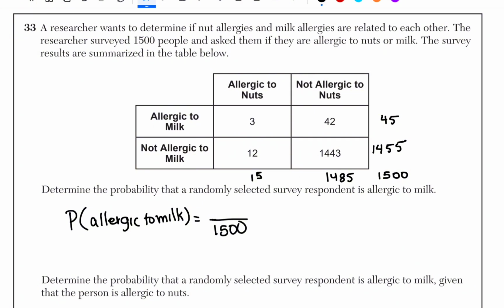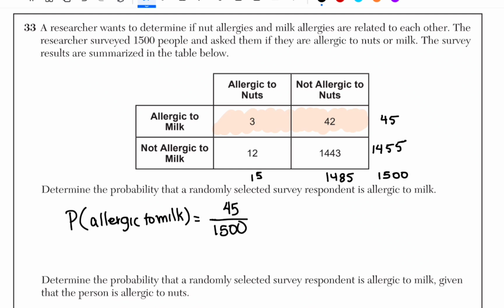So we look at a category that says allergic to milk. Allergic to milk would be this entire category right here. And so this is why it's important to take those sums. So we know that the entire category would be 45. So 45 over 1,500.